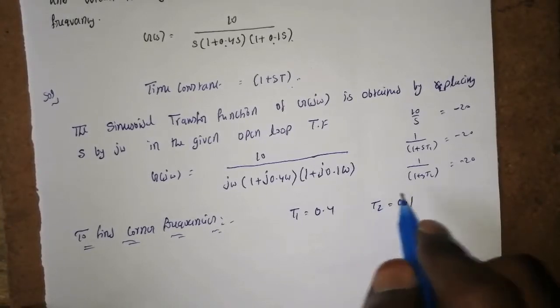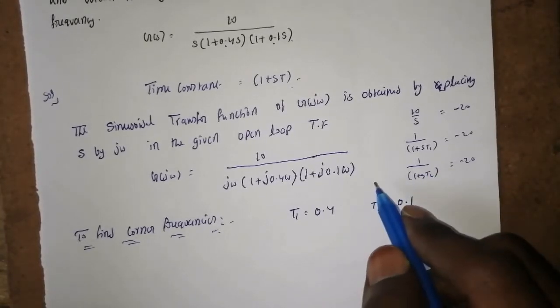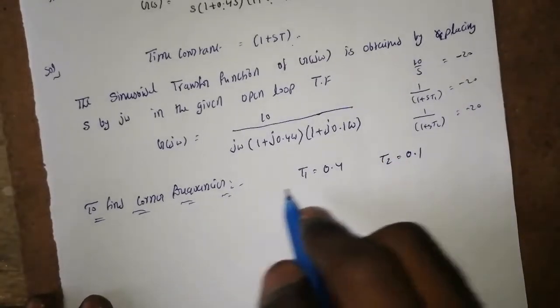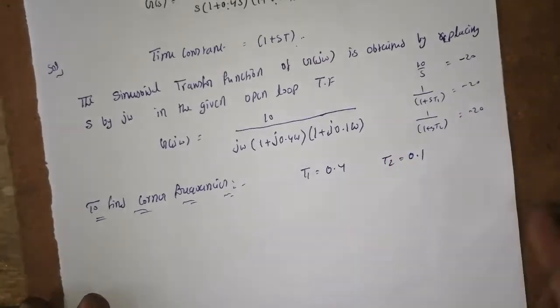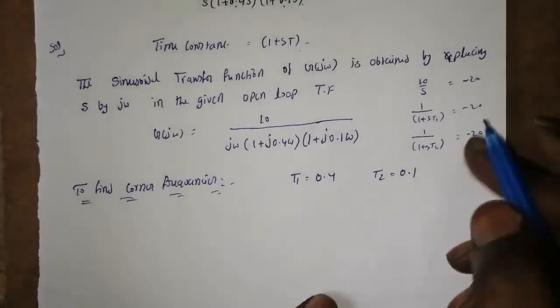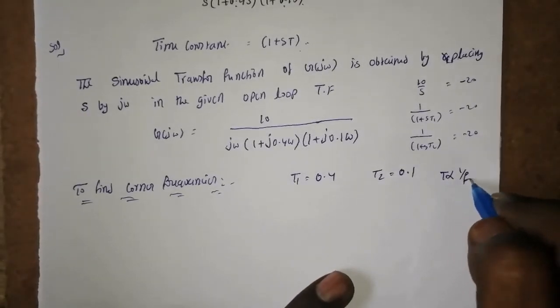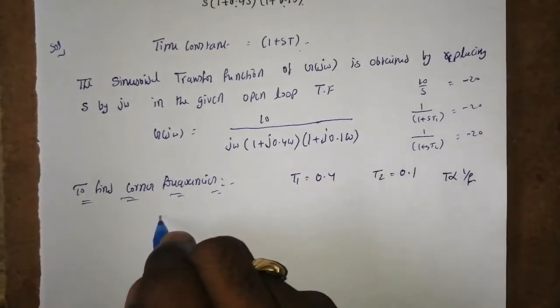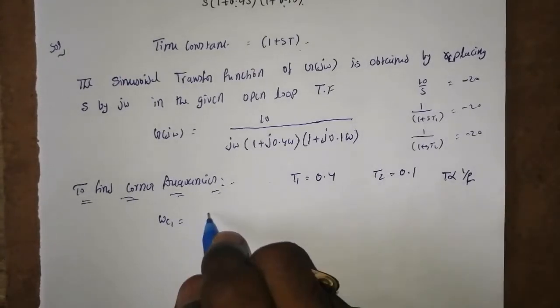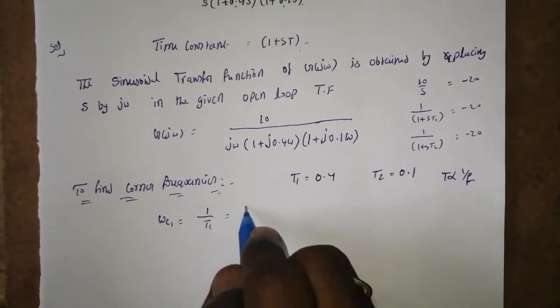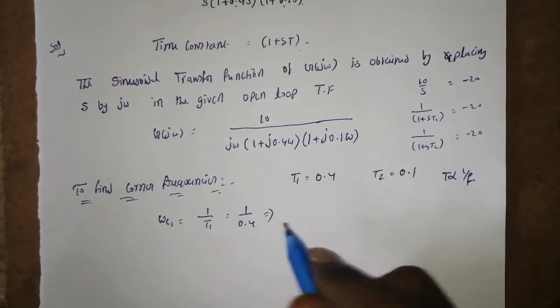From these two time constants, we can find the corner frequencies. You already know the relation between time and frequency: T is inversely proportional to frequency. So let me consider omega c1 equals 1 by T1, that is 1 by 0.4.